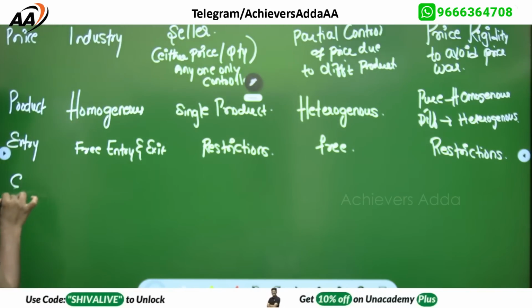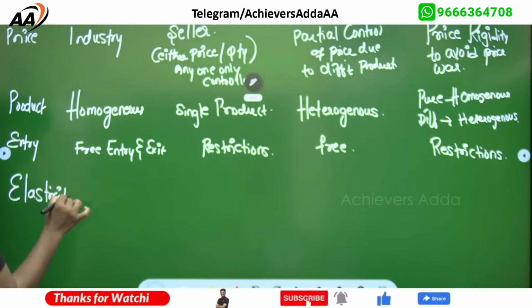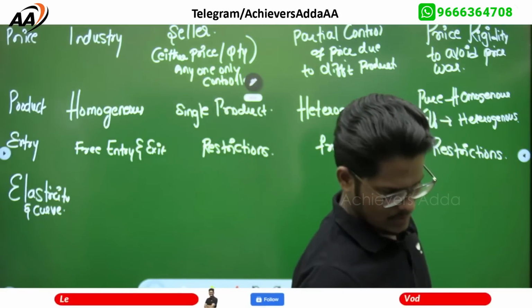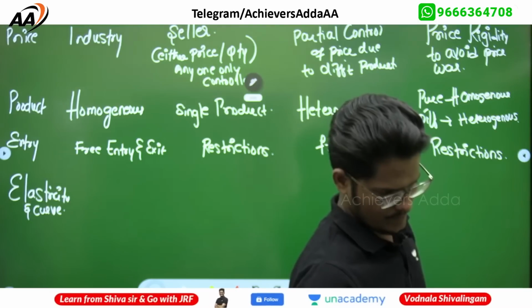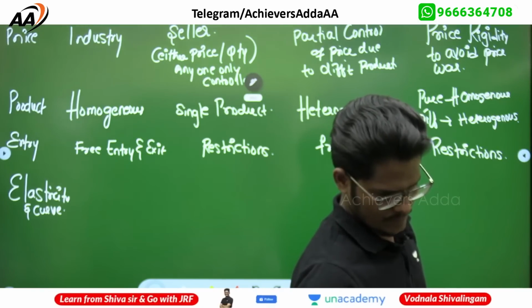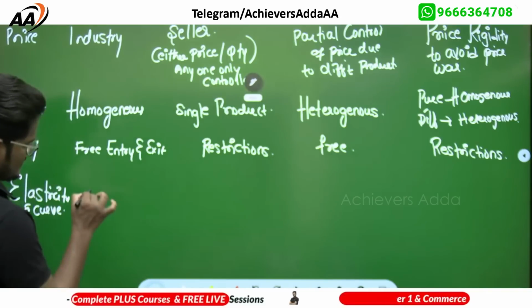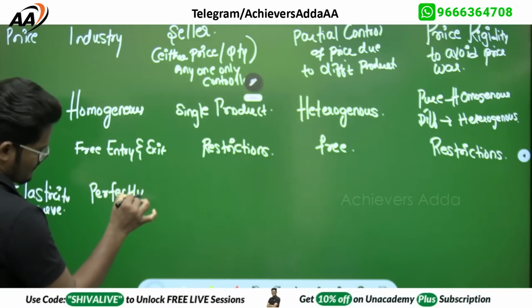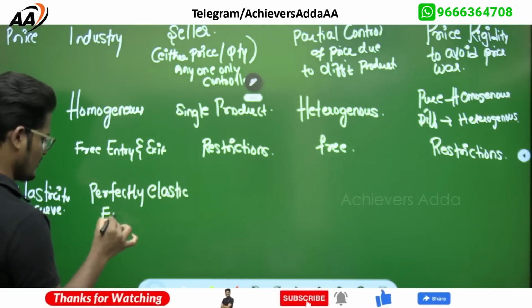This one is elasticity and curve. Elasticity and curve. Here it is perfectly elastic, which is, I think, E is equal to infinity.